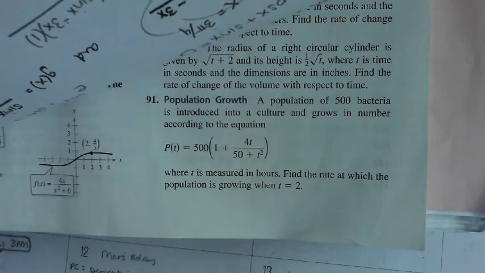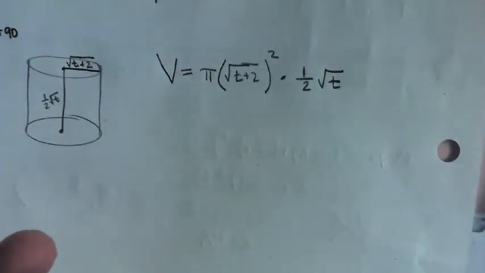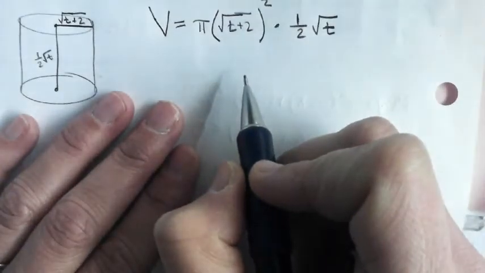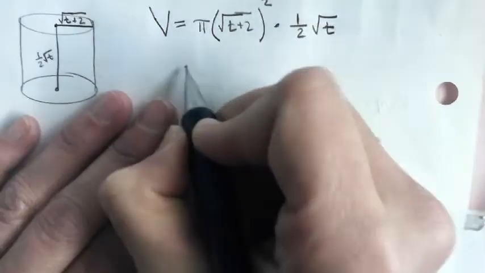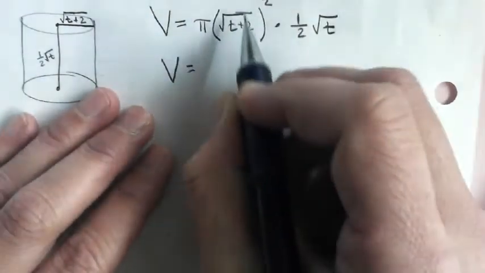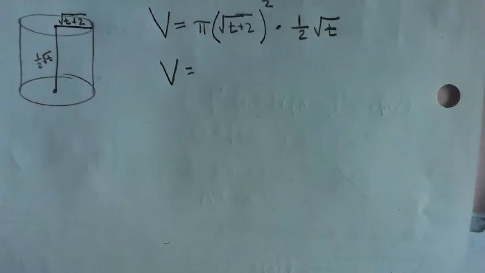Rate of change is derivative, yes? So how do we want to handle this? We can simplify this out. So just rewriting the original, the square root of t plus 2 squared is just t plus 2.